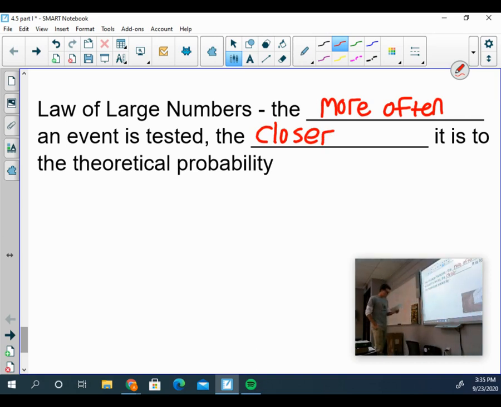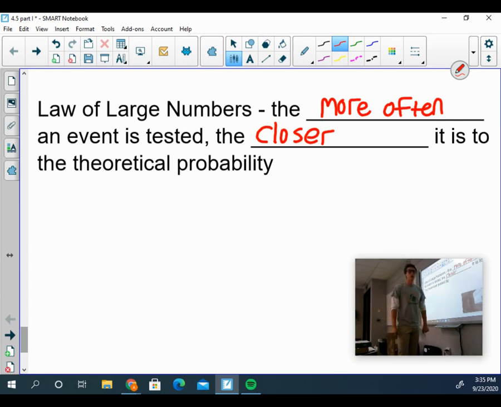The more often an event is tested, the closer it is or will be to the theoretical probability. What does this mean? Well, if I flip that coin 4 times, and I get 4 heads, you go, man, the theoretical probability is 50%, but you got 100%.